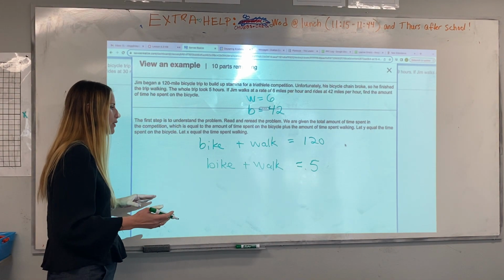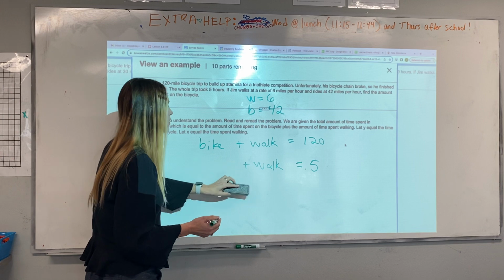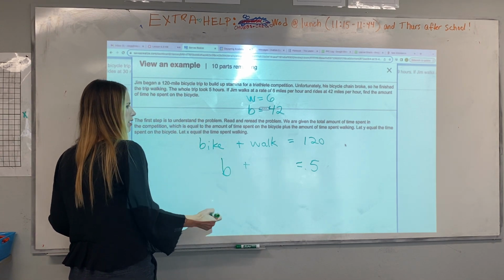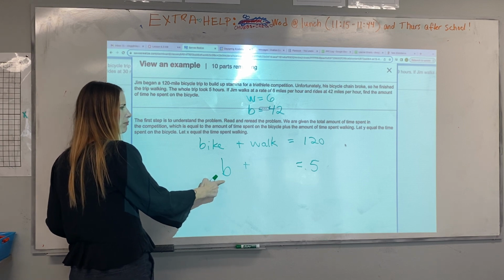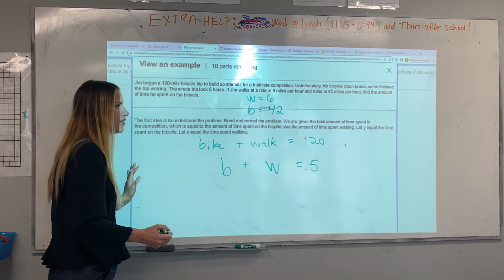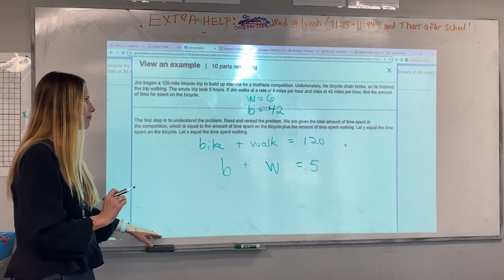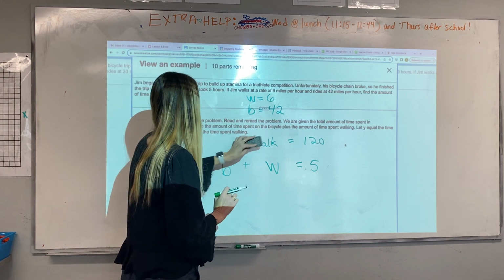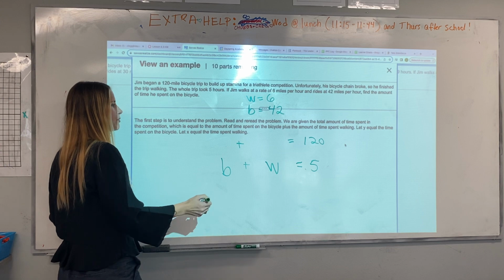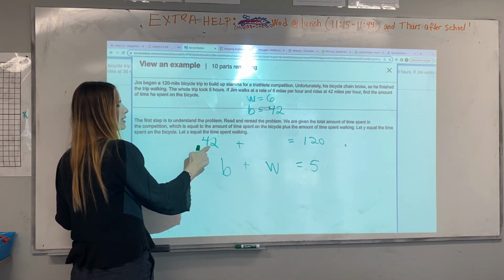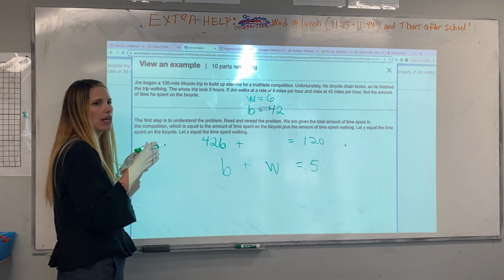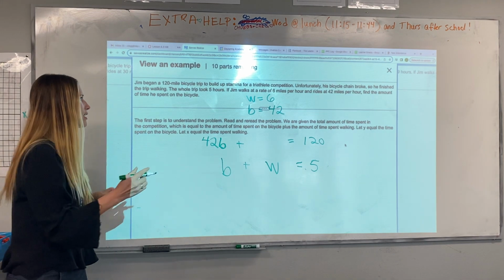So, I'm going to let B represent the number of hours he biked and W represent the number of hours he walked. But that means that in terms of how many miles they went, it would have to be 42, his rate, times the time. Because rate times time equals distance.